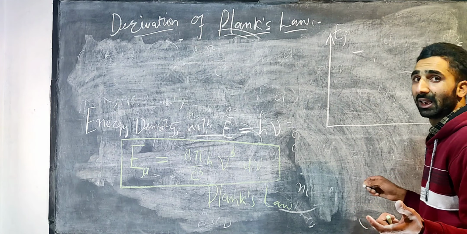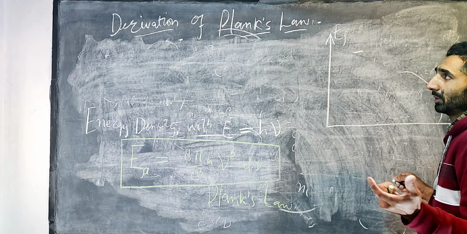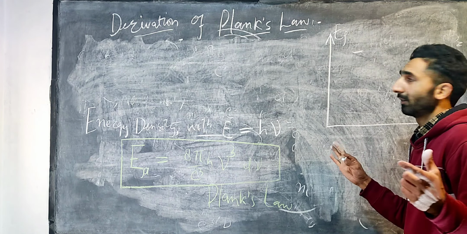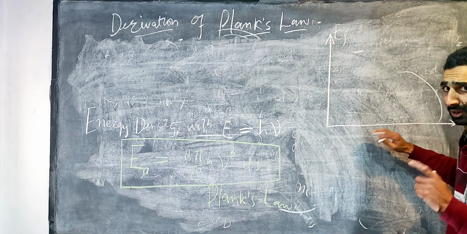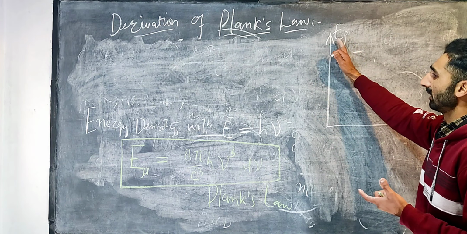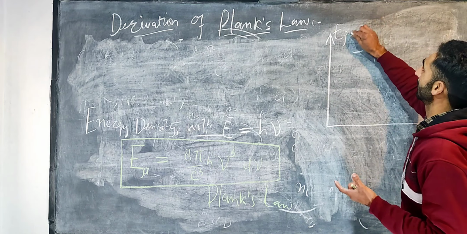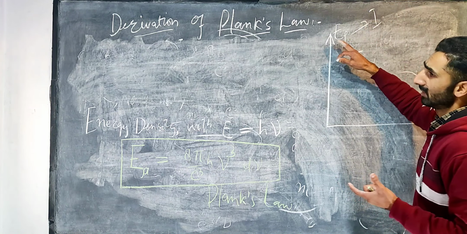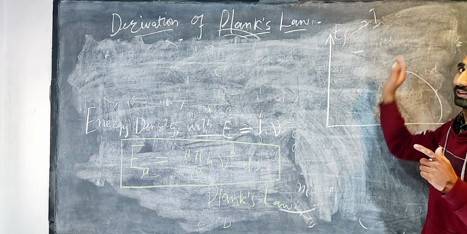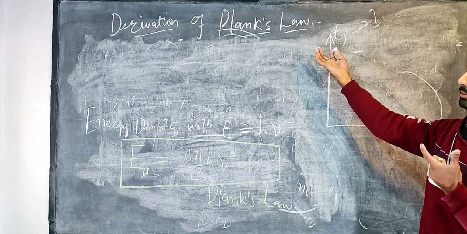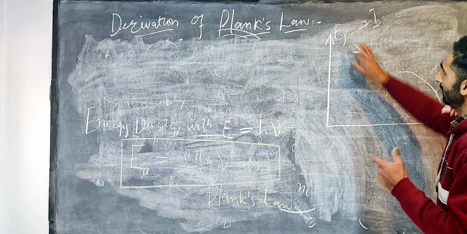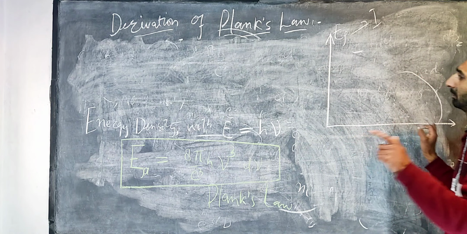In my previous lecture, my first lecture, I drew the graph between the intensity and wavelength, and here we are drawing the graph between the energy density, because energy density is related to intensity. Energy density is the energy per unit volume, and the intensity is the energy radiated by that black body per unit area, per unit time. So these are related, and the graphs will be comparable to each other.